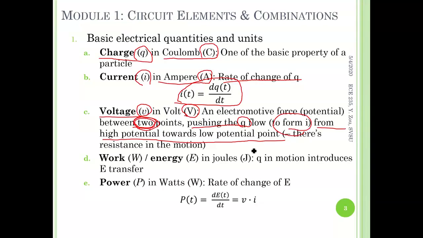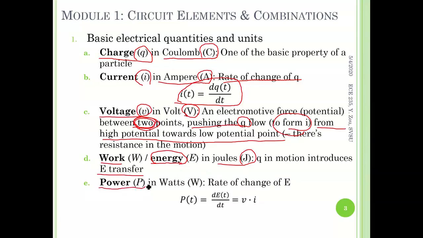The next concept is called work or energy. From the electrical engineering standpoint, we use energy much more often, but it means the same as work. Capital letter E, unit of joule. Energy is introduced by the motion of charge, implementing an energy transfer between two systems or two elements.